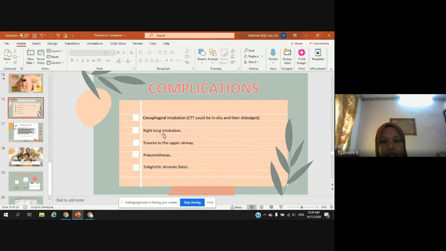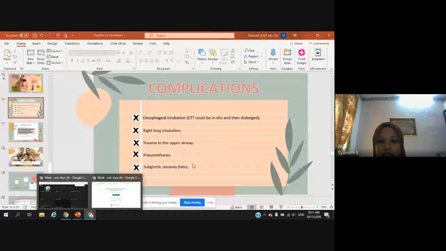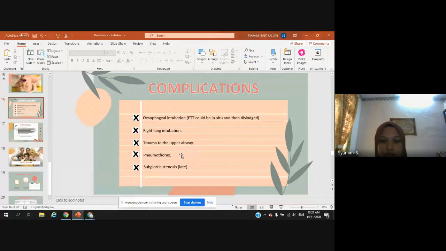Next one is trauma to the upper airway if you do the intubation procedure the wrong way. Next one is pneumothorax. And the last one is subglottic stenosis, but it is actually a rare and late complication. So that's all.